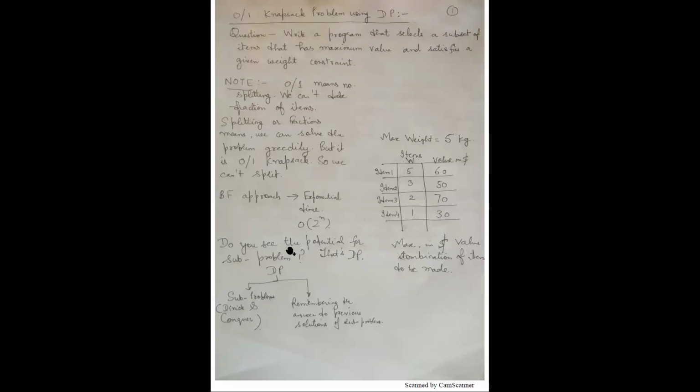But how is divide and conquer different from the dynamic programming approach? In dynamic programming, we should be able to remember the answers to previous solutions of sub-problems. If you remember the problem of memoization, we stored the values of earlier calculated results, and we used those results for our future solutions. That's how dynamic programming is different from divide and conquer.